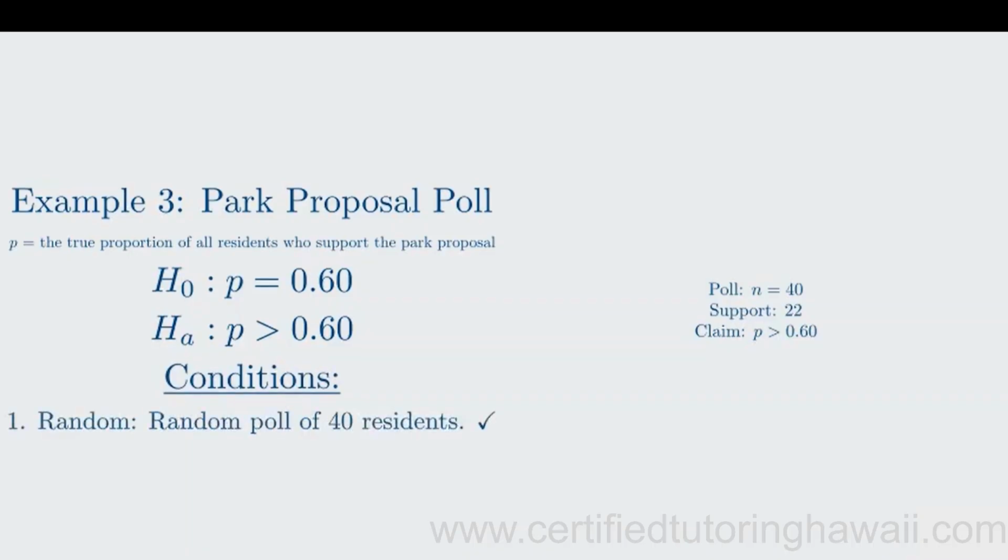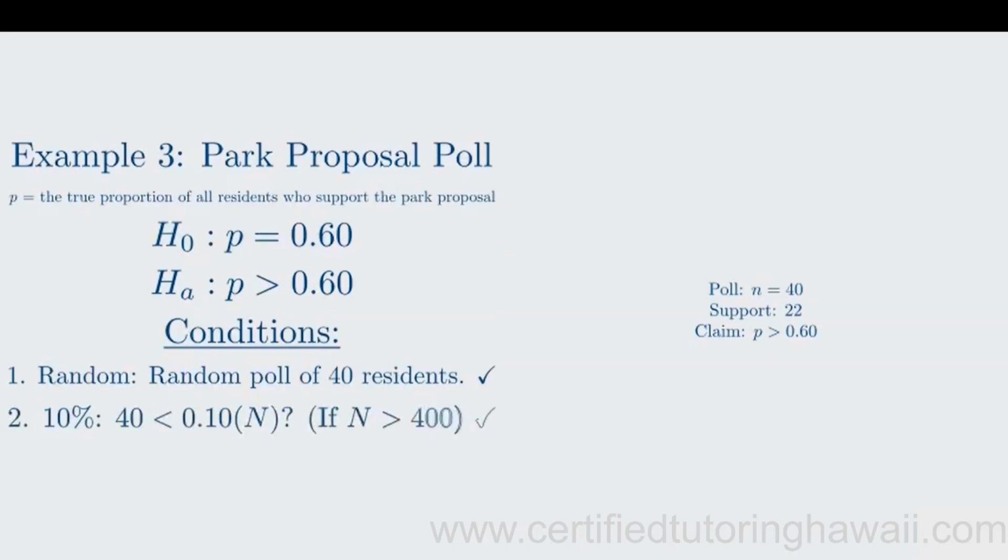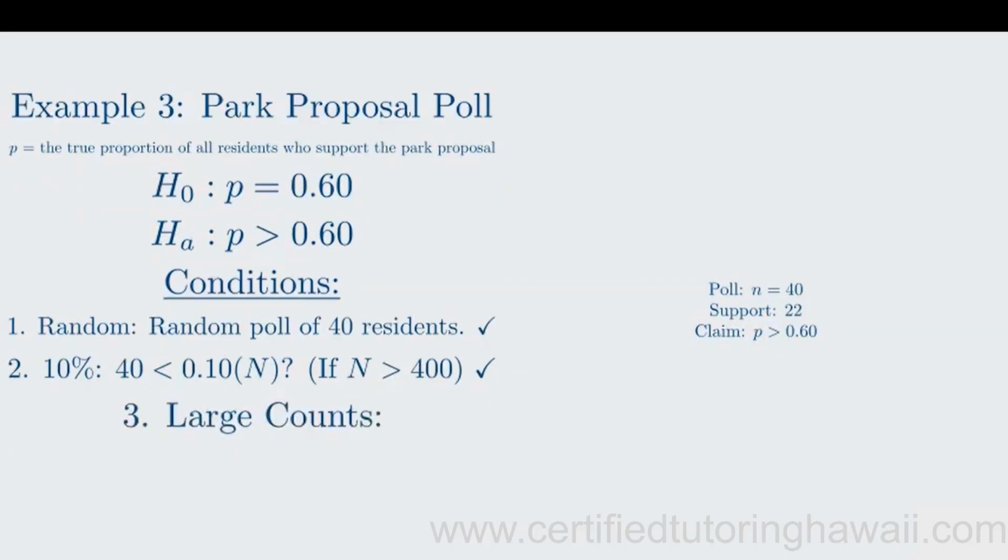1. Random. The reporter conducted a random poll of 40 residents. Condition met. 2. 10%. Is 40 less than 10% of all residents? Assuming the town has more than 400 residents, this condition is met. 3. Large counts.